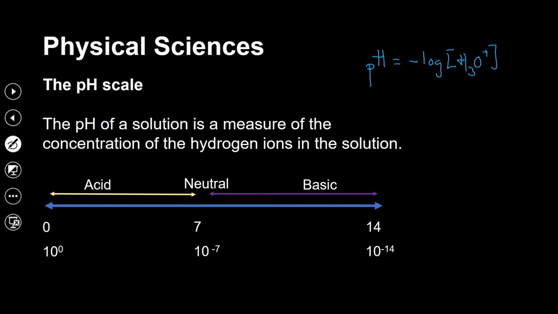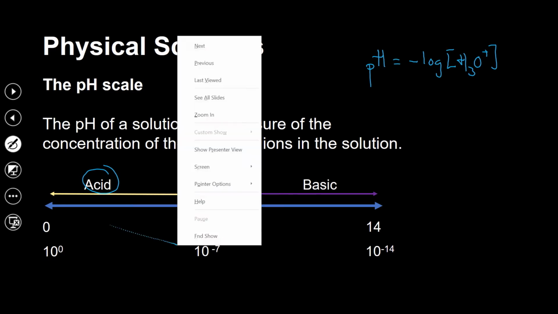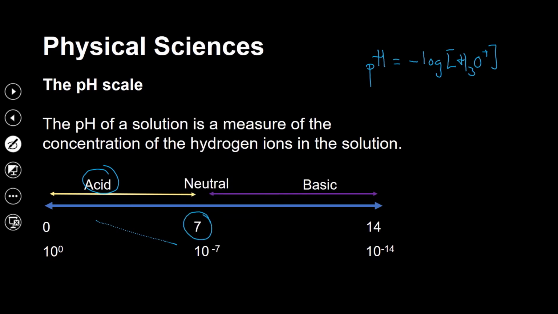Anything between 0 and less than 7 is acidic, and 7 is the neutral measure of a solution or substance. Beyond 7 to 14, it's a basic solution. So acidity of a substance increases from 7 towards 0.